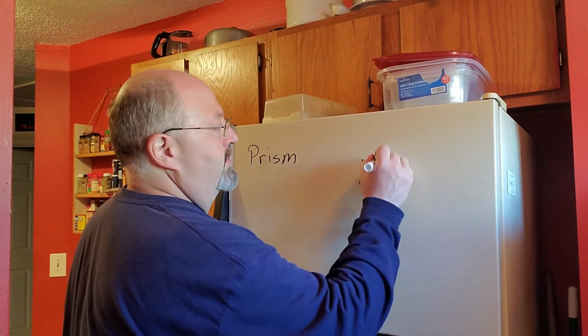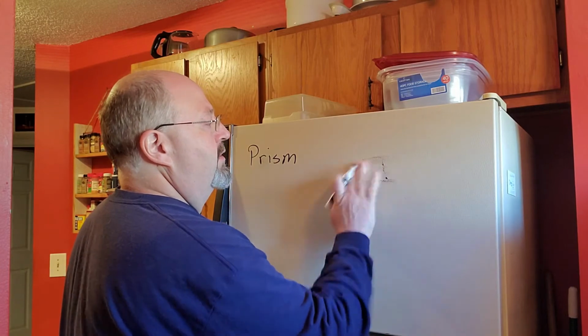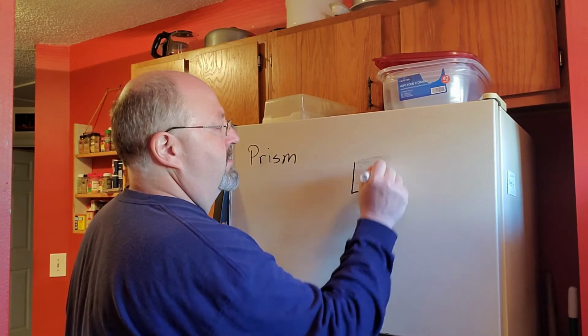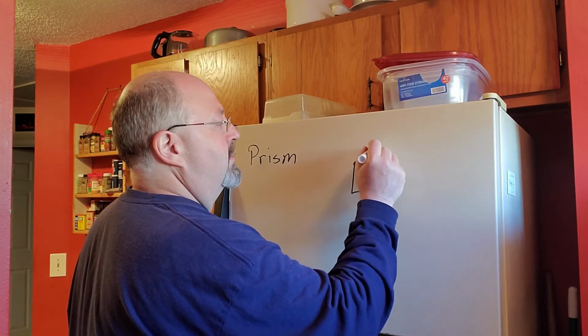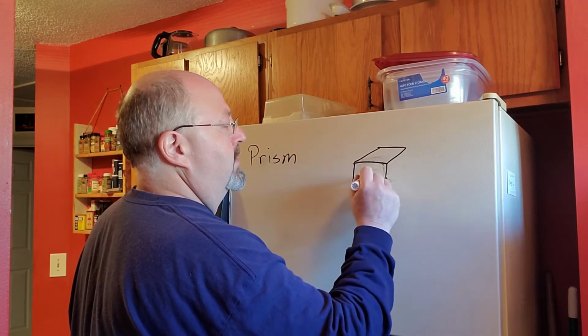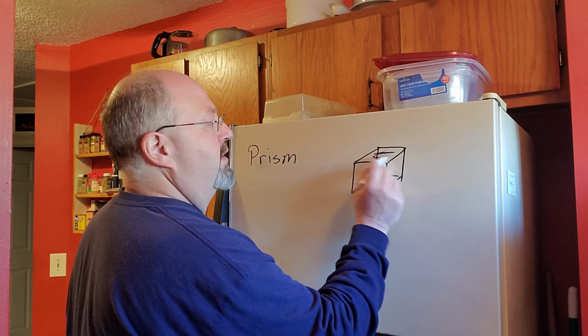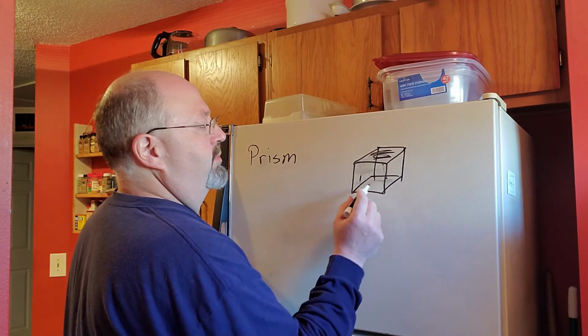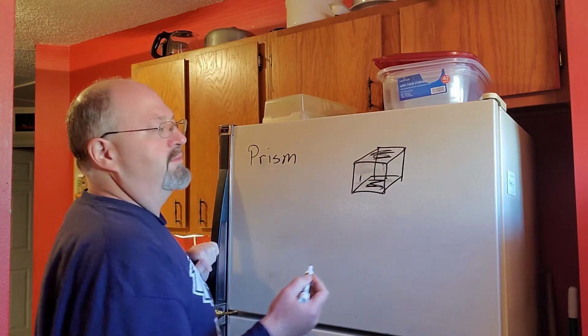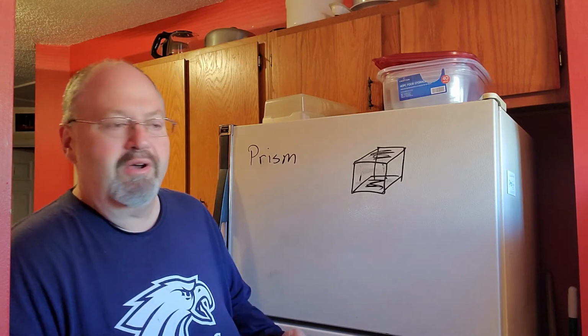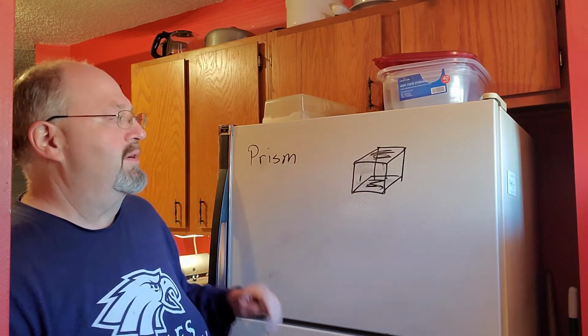So we had this one. I guess I should draw them this way. So we've got this face up here, this face down here. They're congruent, they're parallel, and they're connected by parallelograms.